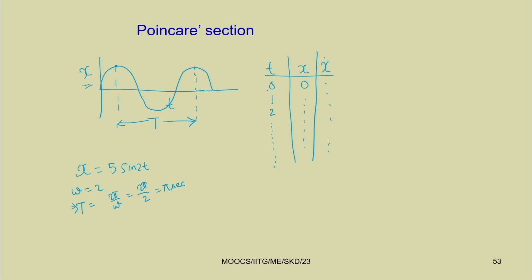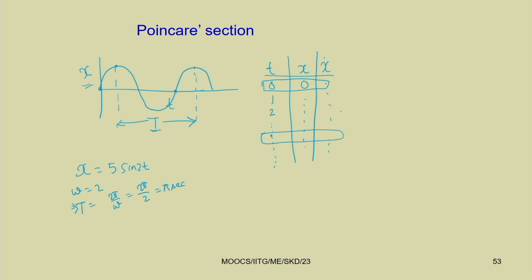Let me start with t equal to 0 as the starting point. So, this is the starting point, and after one cycle, I know what the cycle of this is. So, after one cycle again I can find this point. Corresponding to this, I can find the response after one cycle.